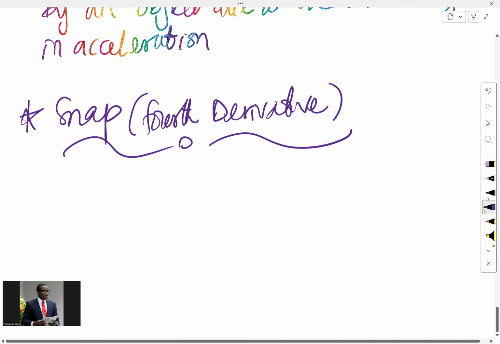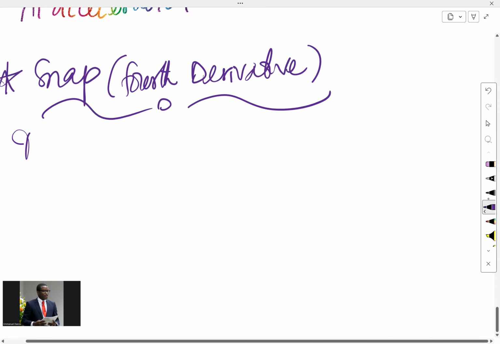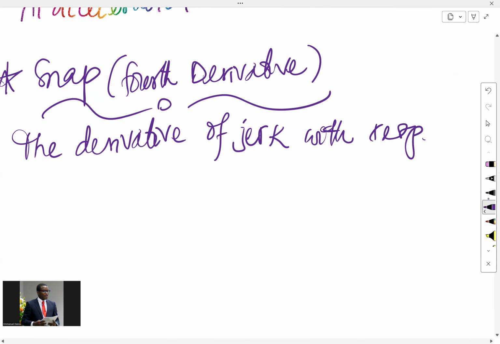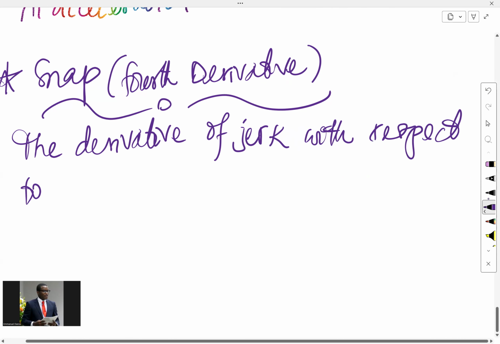So you can say that the derivative of jerk with respect to time is the snap.